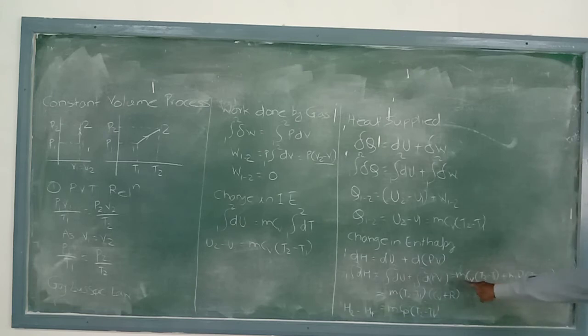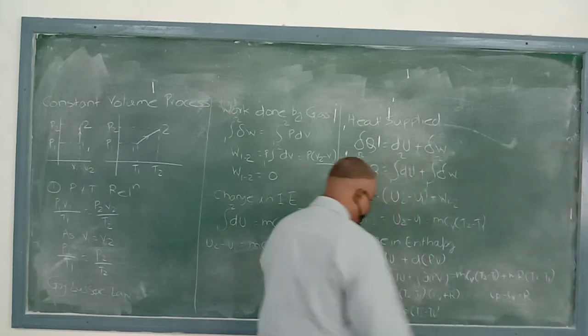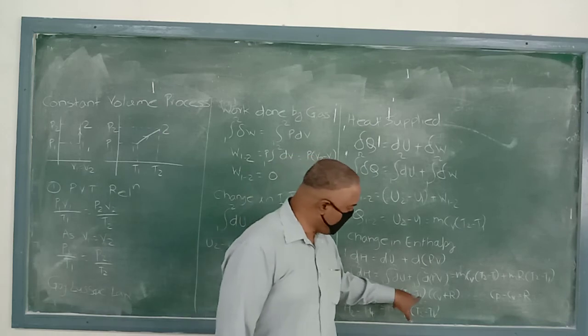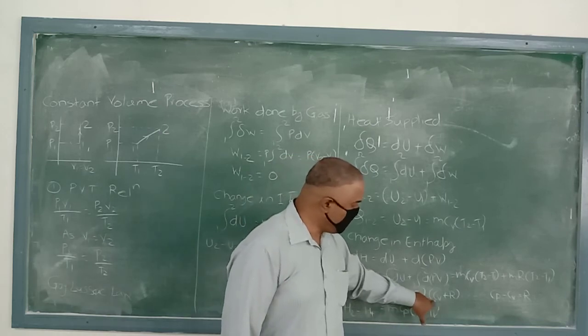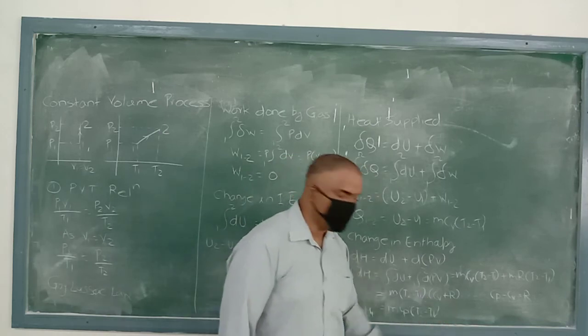So the equation becomes mCv (T2 minus T1) plus mR (T2 minus T1). Just taking the common terms m and (T2 minus T1) outside the bracket, and the remaining terms Cv plus R in one bracket, we are getting m (T2 minus T1) (Cv plus R).